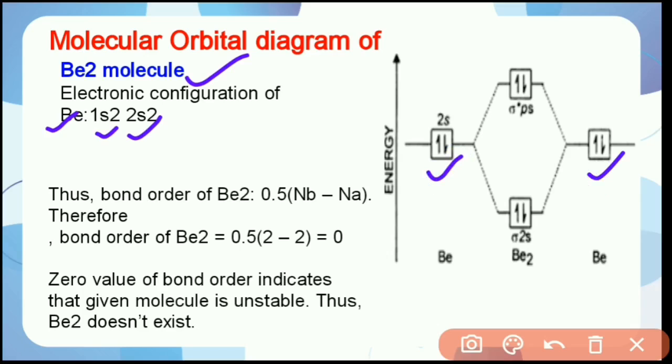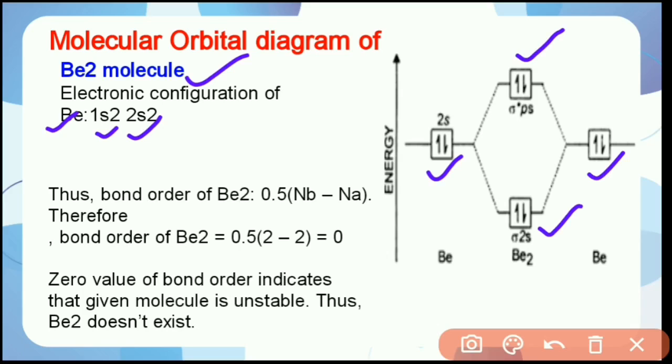Similarly, the other beryllium atom has 2 electrons. By constructive interference, a bonding molecular orbital forms and holds 2 electrons. Similarly, by destructive interference an anti-bonding molecular orbital forms, also holding 2 electrons. So both the bonding and anti-bonding molecular orbitals have 2 electrons.